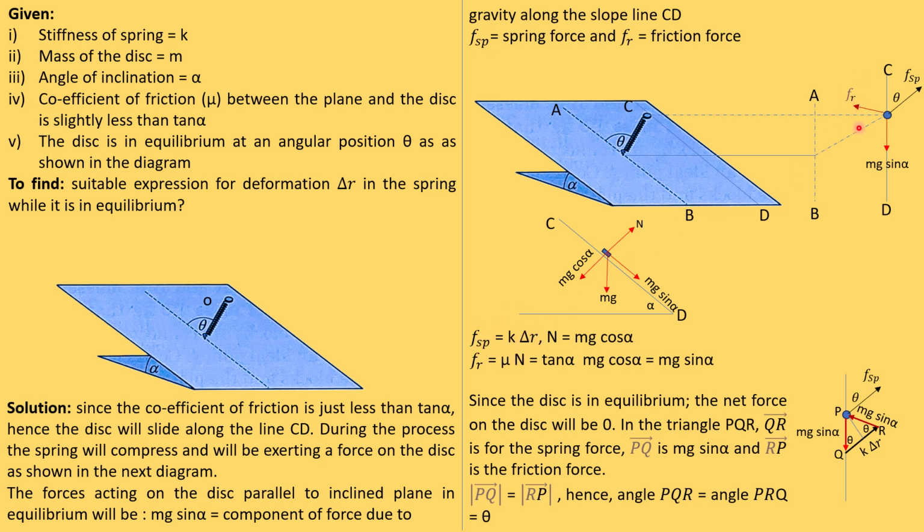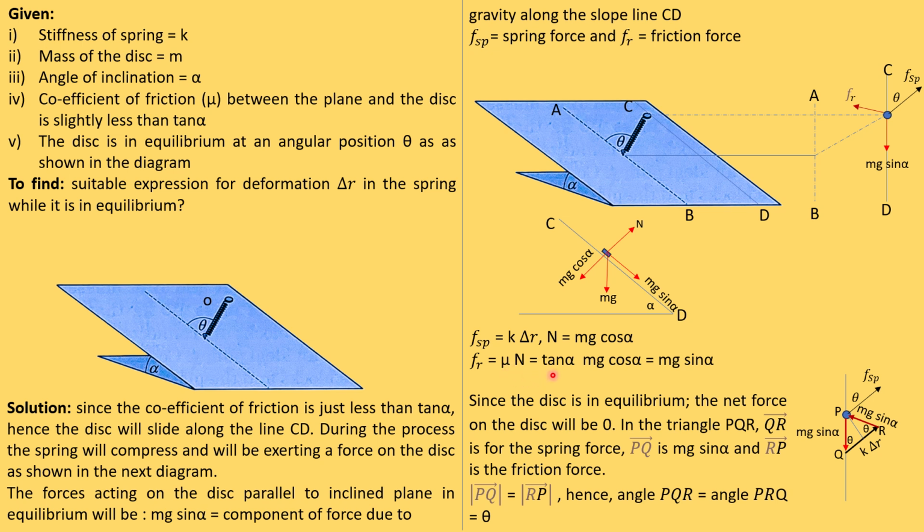So what will be the friction force? Friction force will be mu into N. In the question it is given that the coefficient of friction is just less than tan alpha, so we can approximate it as almost equal to tan alpha.